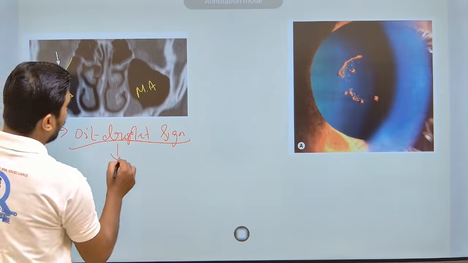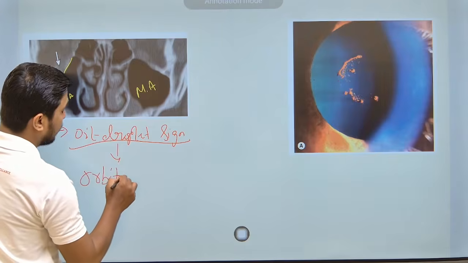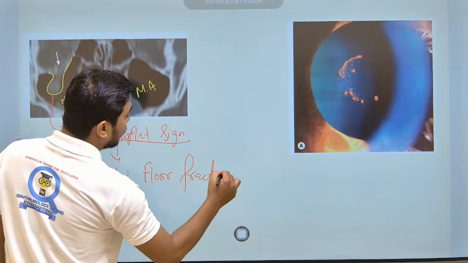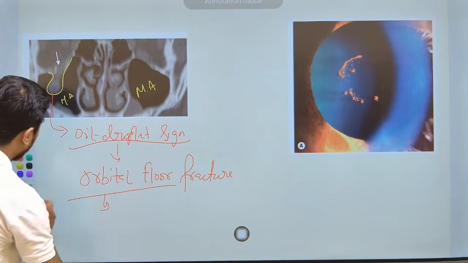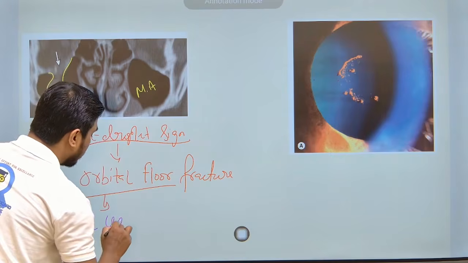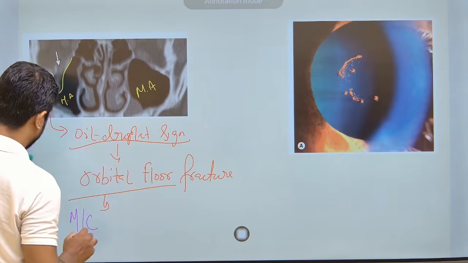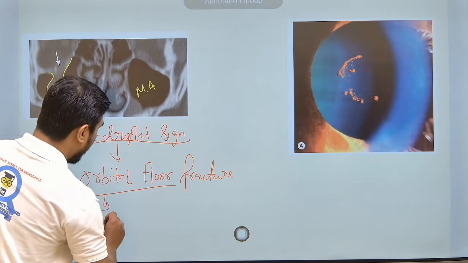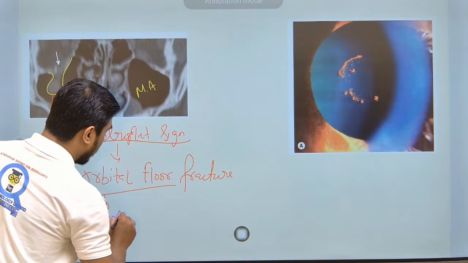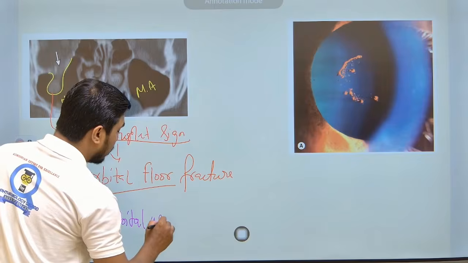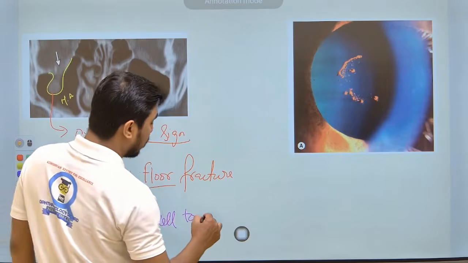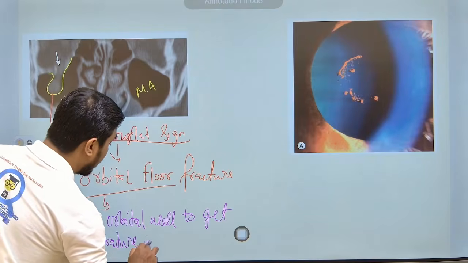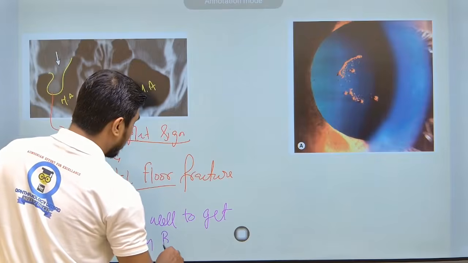So यहाँ पे orbital floor का fracture हुआ है. Orbital floor fracture. Orbital floor is the most common orbital wall to get fractured in blunt trauma.